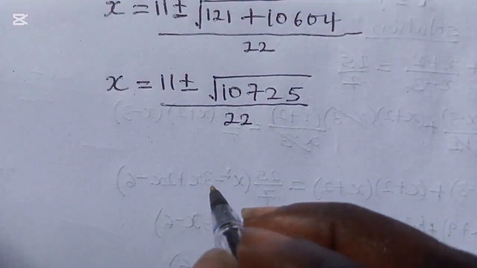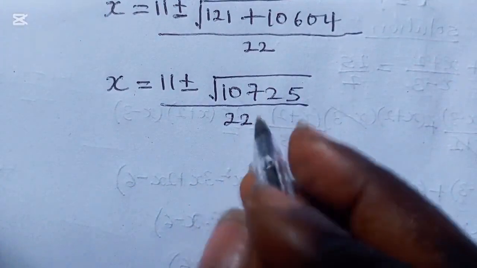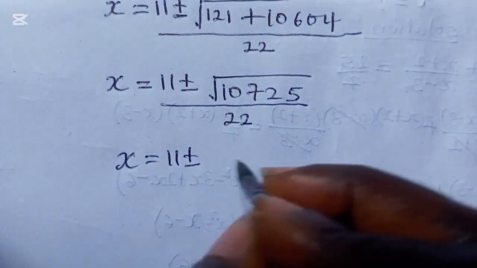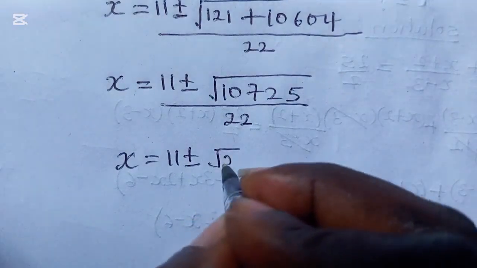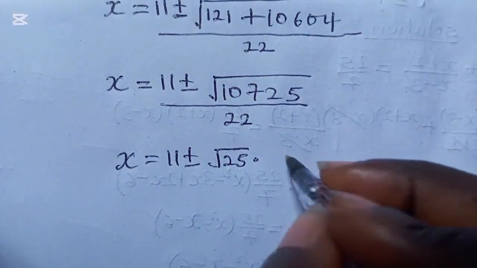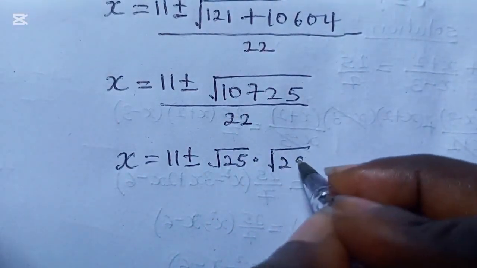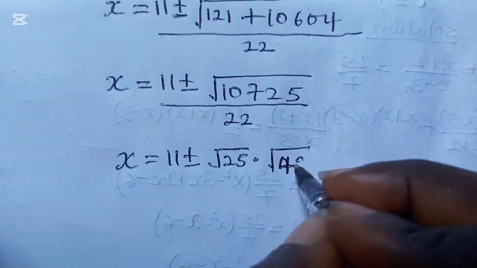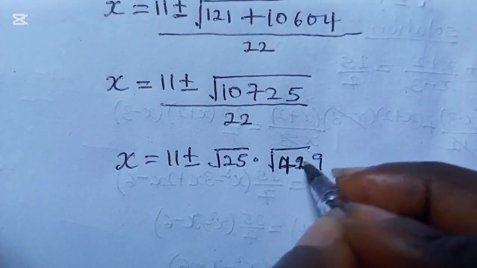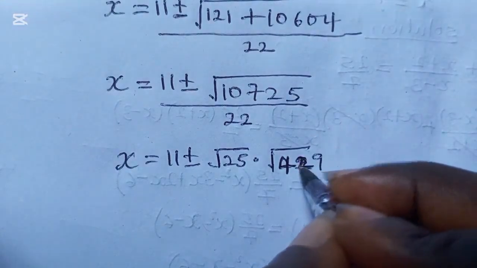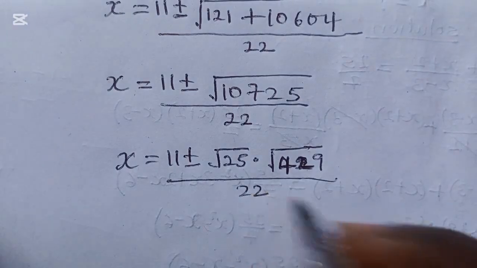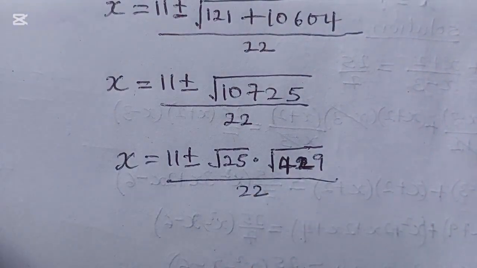After this, we can rewrite this as x equals 11 plus or minus square root of 25 times 429, all divided by 22.